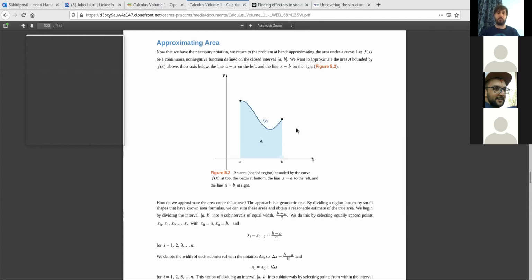We start by approximating it. The simplest approximation would be simply to take the value at A and draw a rectangle right here. So we could draw this rectangle here, right? And calculate that area. Let's call that A plus.